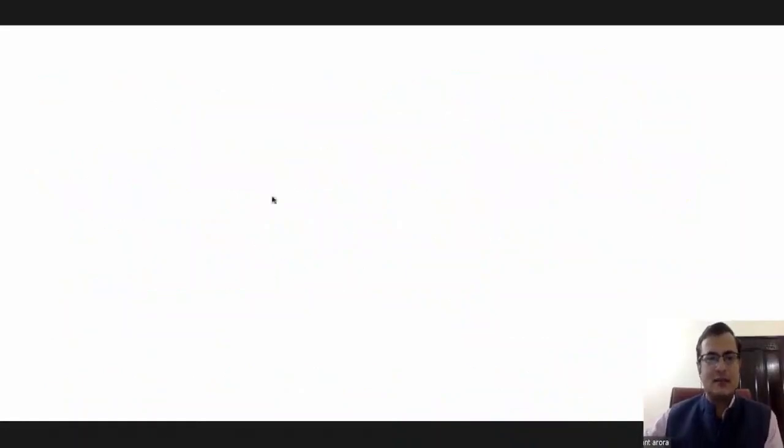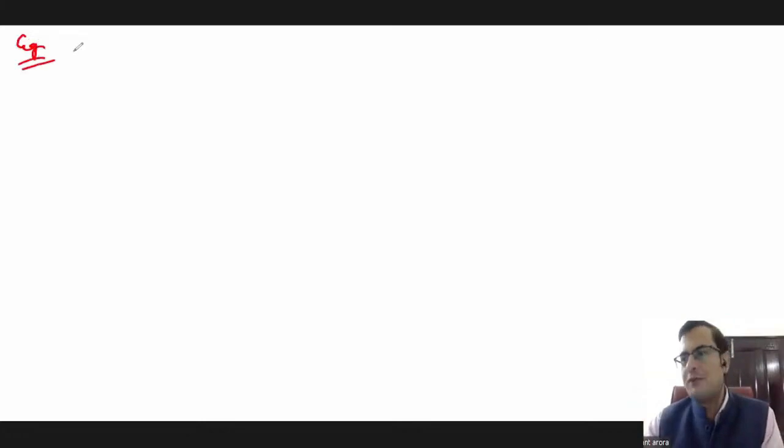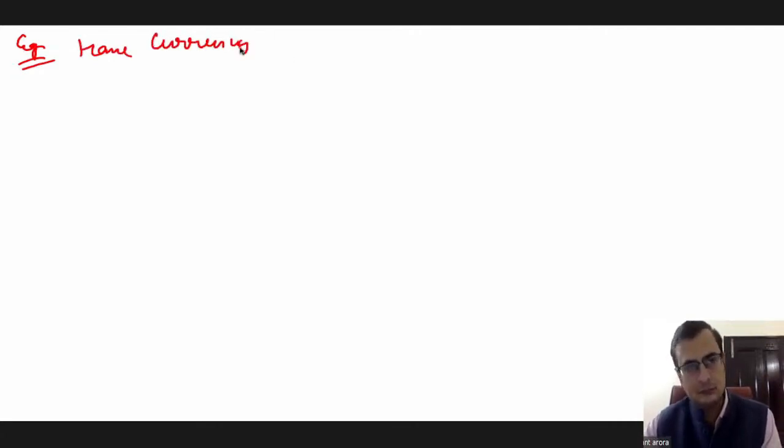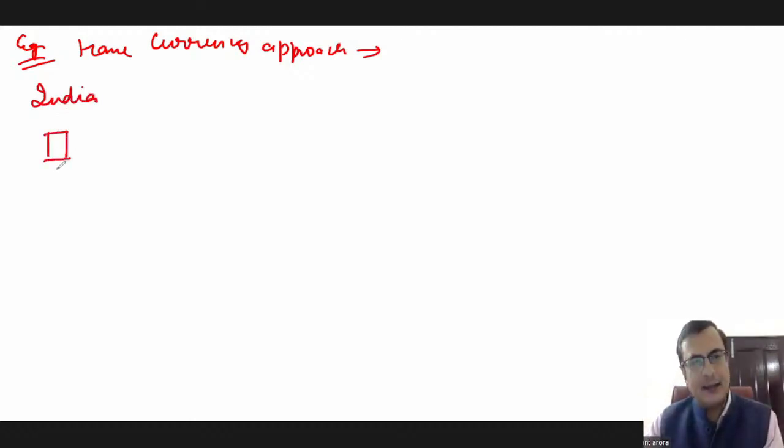So let me just clear all this and start doing the example. Okay. So beta, first we are doing the home currency. So let's take an example. This is India, a company in India, and this is USA, and there's a company in USA.